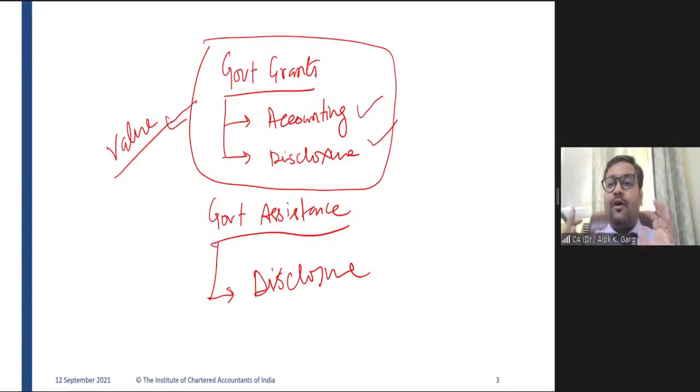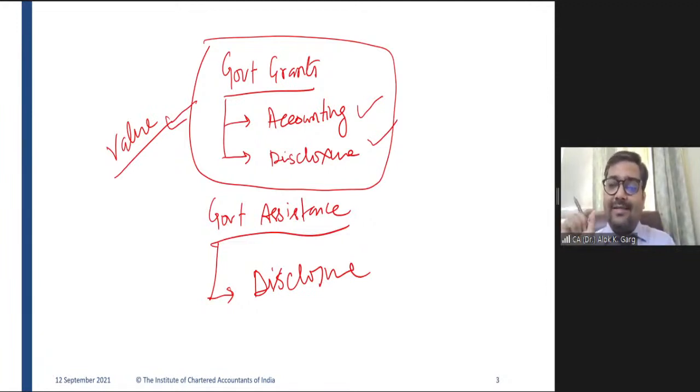Or the government is providing a platform between the supplier and the customer to entities operating in, let's say, remote areas. This is a government assistance. You cannot arrive at a value for such assistance to the industry at large.